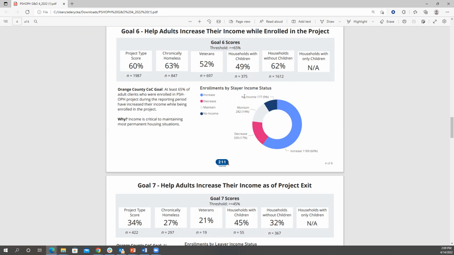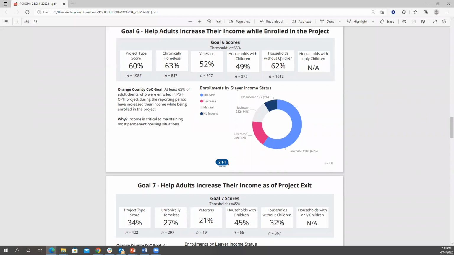So again, for the agencies in particular, we recommend that you review the no income clients, because since this is permanent supportive housing, this is one of the things that most permanent supportive housing projects are looking at. So it may be an issue with data entry that a change in income wasn't entered into HMIS.